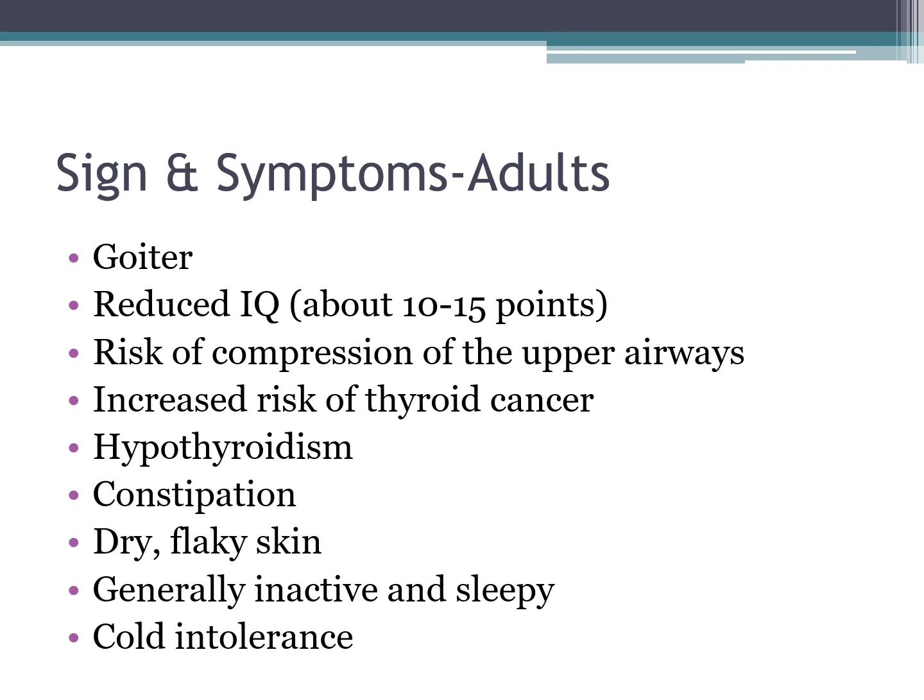In adults, as I already told, there is a decline in intelligence quotient of about 10 to 15 points. If the goiter is enlarged, there are compressive symptoms like dysphagia and difficulty in respiration, and an increased risk of thyroid cancer. Patients may develop hypothyroidism, although some are euthyroid, and some may develop hyperthyroidism as well due to autonomous production of hormone. But most of the time in endemic goiter, the patient would be either euthyroid or in a hypothyroid state.